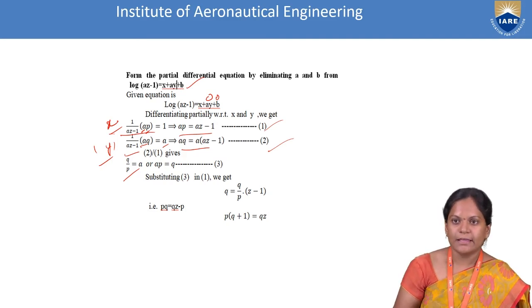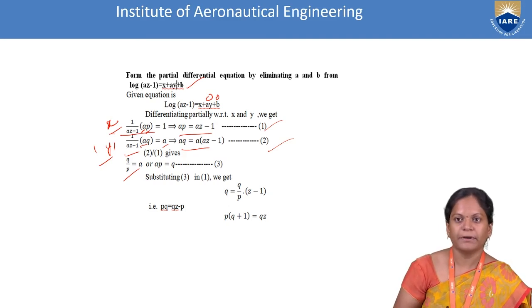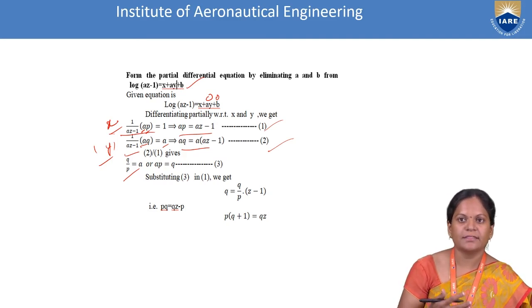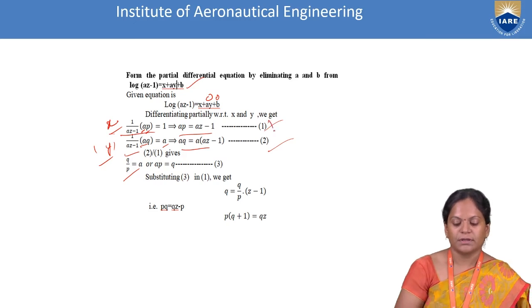Now here, if we want to eliminate a or b, it is better to take division. So that's why I am taking here 2 divided by 1. Then we get q by p equal to a, or ap equal to q. Now substitute this in the given equation, then from the first equation we will get both a and b.